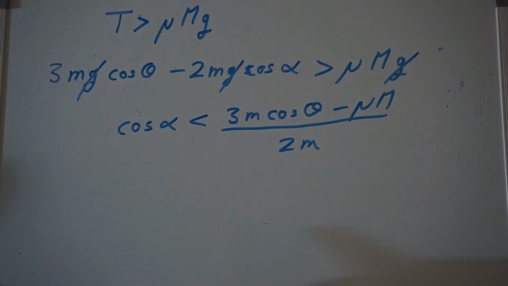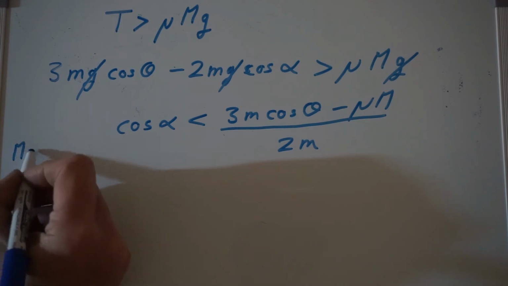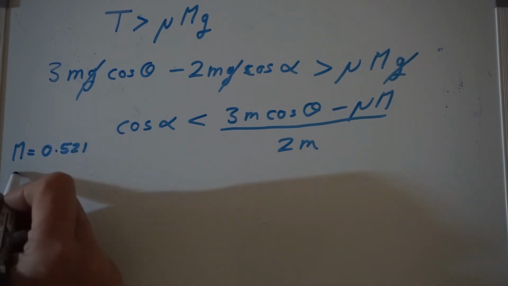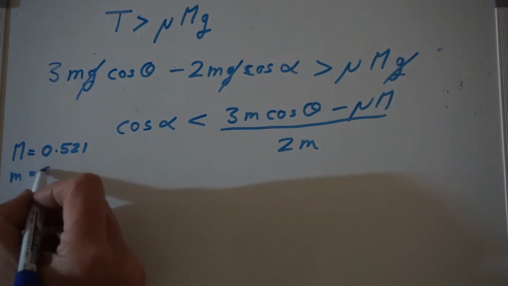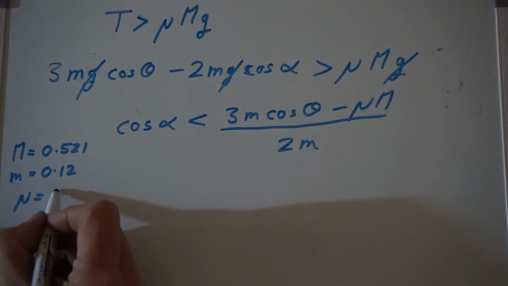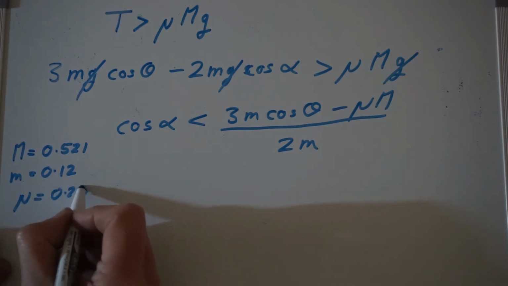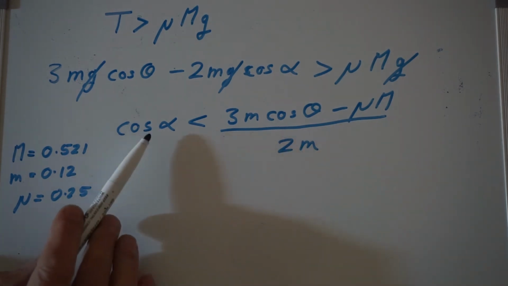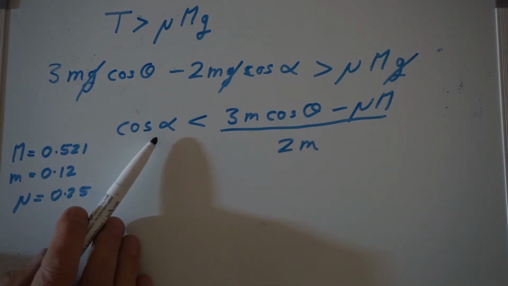Now in my experiment, capital M is equal to 0.521 kilograms, little m is equal to 0.12. I'll determine the value of mu to be approximately 0.25. Now if I substitute those values, it will give us a limiting value for cos alpha, where the tension only exceeds mu Mg at the lowest point.